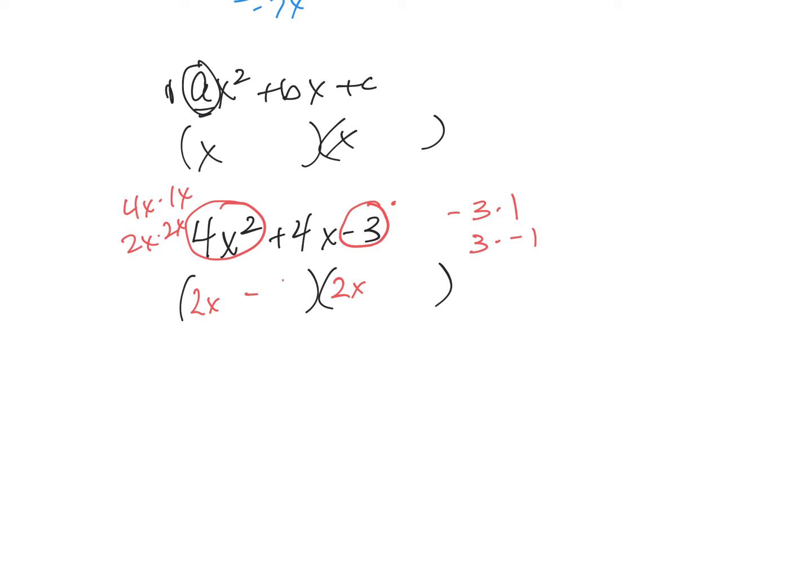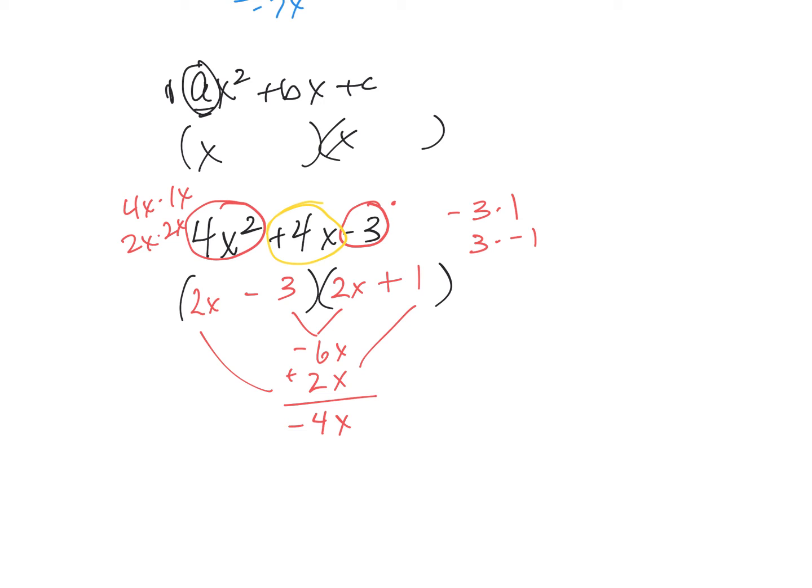So I have a negative 3 and a positive 1. Let's check this out. So we have negative 3 times 2 is negative 6x. And then I have 2x times 1 is 2x. If I add these together, I get negative 4x. That is not a positive 4x. So stop the video and what do you think we have to do?